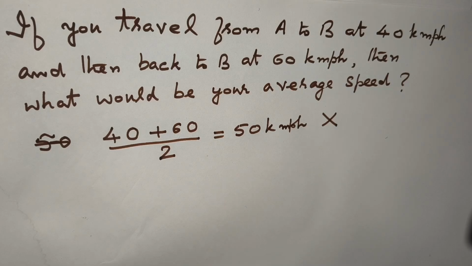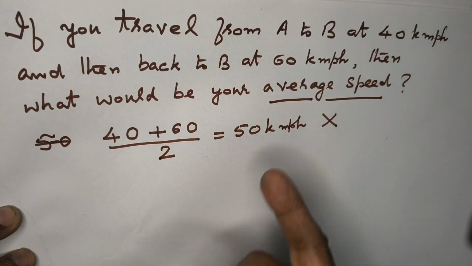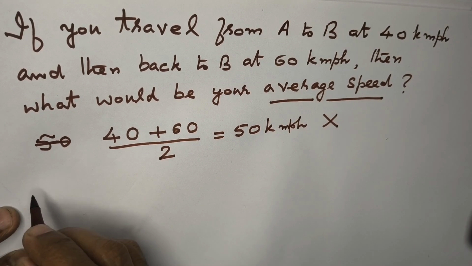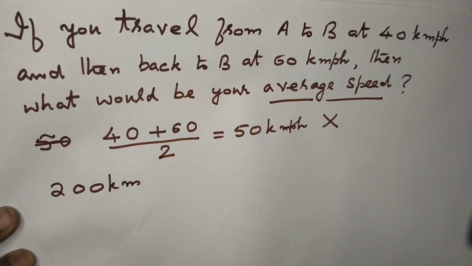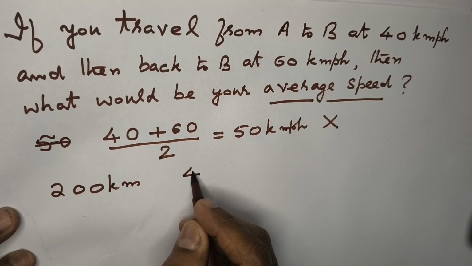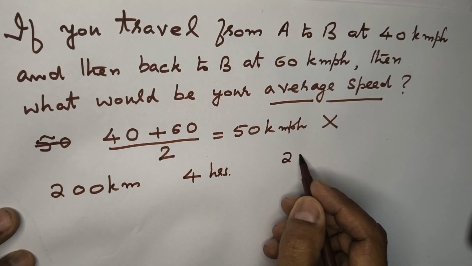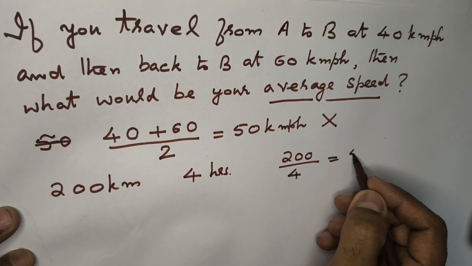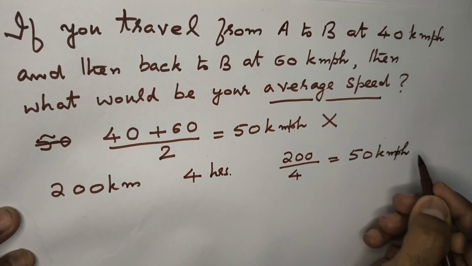Before solving this problem, let me briefly touch upon the concept of average speed. See, supposing you are covering a distance of say 200 kilometer in your car taking say 4 hours. What would be your speed? As you know, speed is distance by time, 4 hours, and that is 50 kilometer per hour.